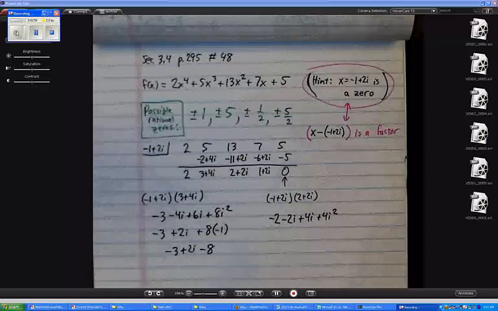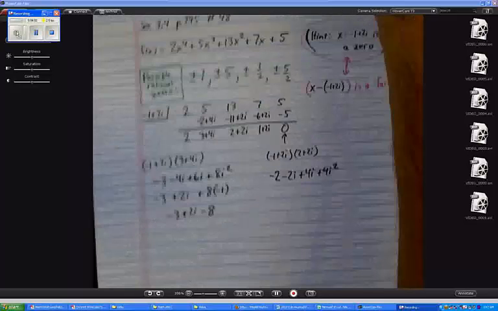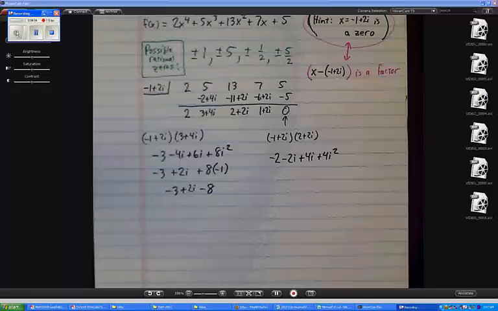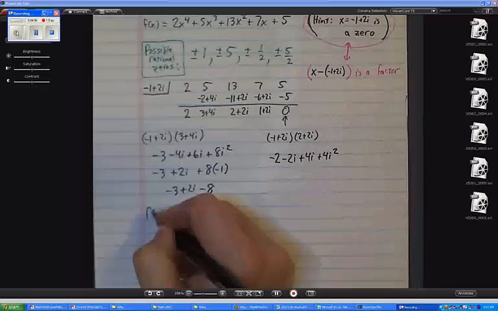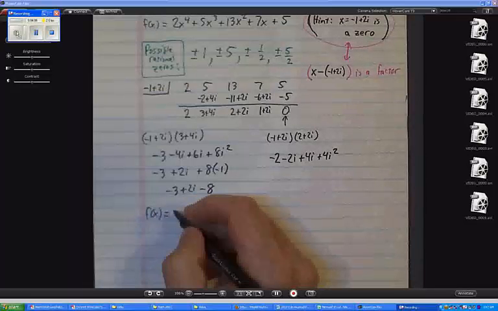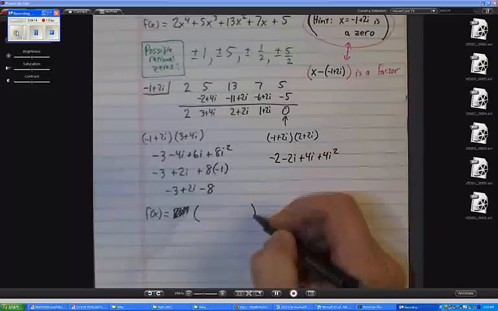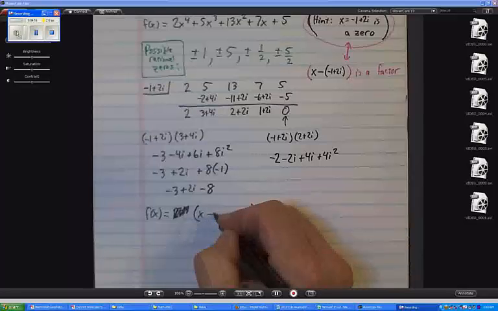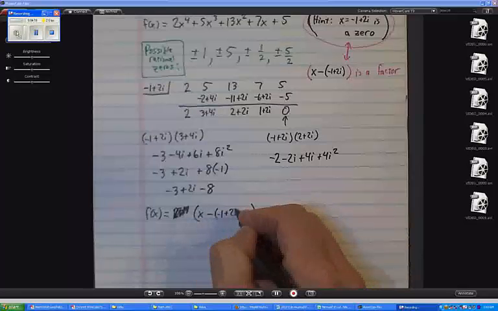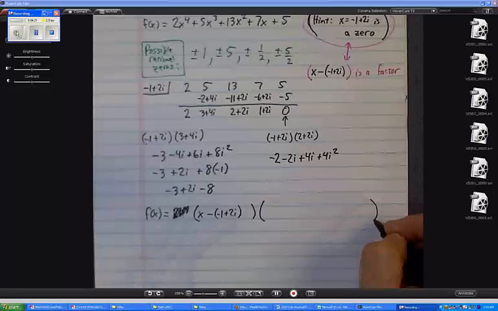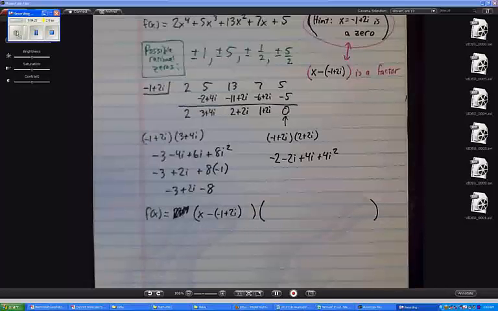Okay? Now, I guess at this point, you can write down f of x equals 2x to the 4th. No. Let's write down our factor. X minus (-1 plus 2i) times, well, the rest of this is really kind of crazy.